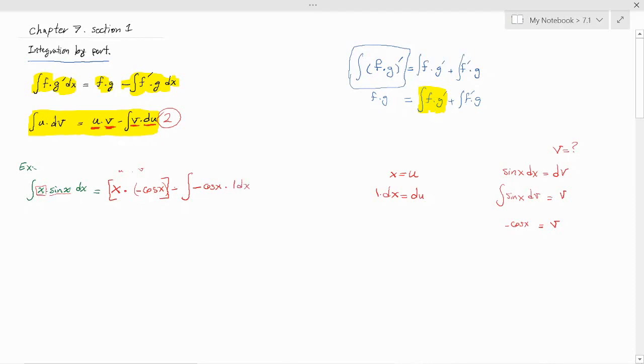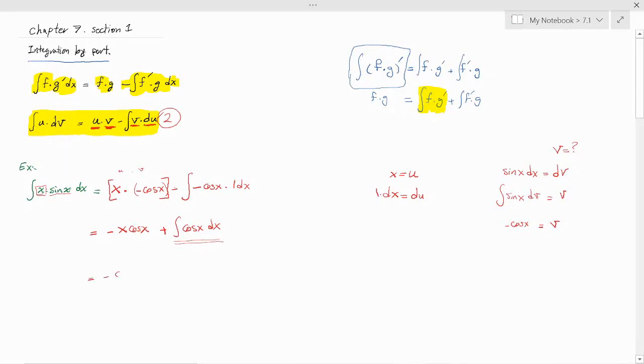So this integral is basically, I'm going to multiply this, negative x cosine x. Negative would be plus the integral of cosine x dx. Now the good thing about this is now I can answer what this integral is, because it's simple cosine and it doesn't require any substitution or anything.